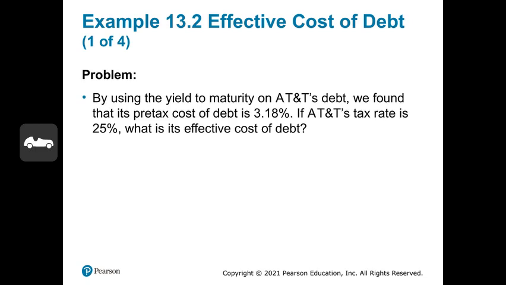So R is going to be 3.18% multiplied by 1 minus the 25% tax rate. And we're going to solve that and that will give us the effective cost of debt. It's got to be a number less than 3.18%. If you do the calculation and you get something higher than 3.18, you know you've done something wrong.